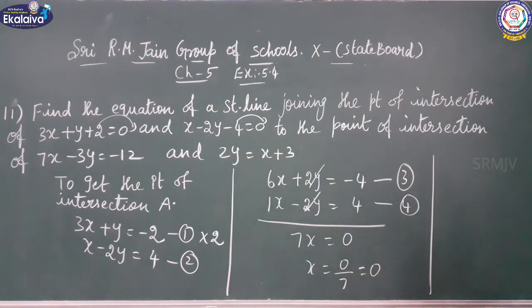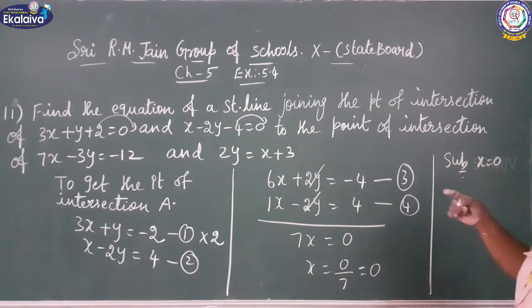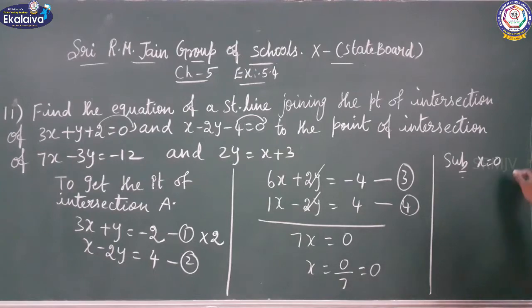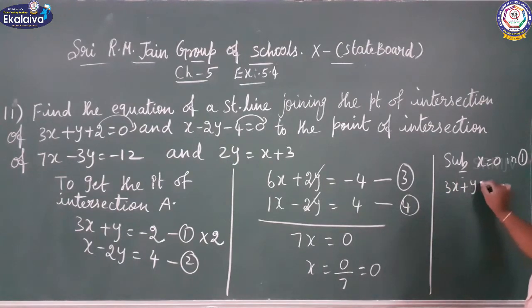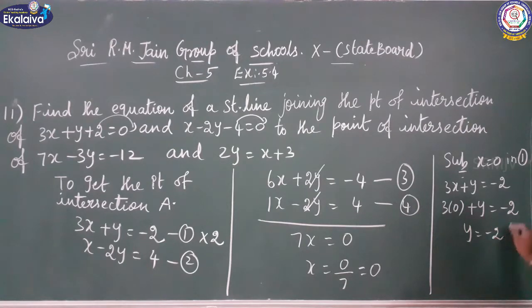Then substitute x equal to 0 in any one of the equations. Taking the first equation, 3x plus y equal to minus 2, so 3 into 0 plus y equal to minus 2. y equal to minus 2.